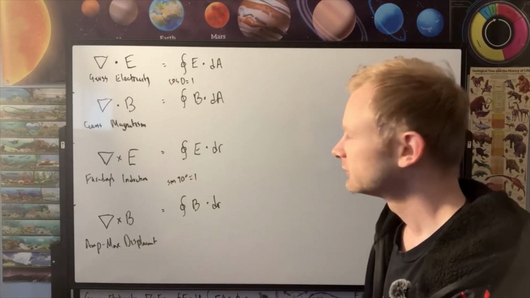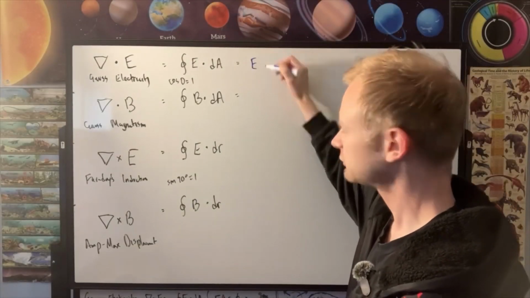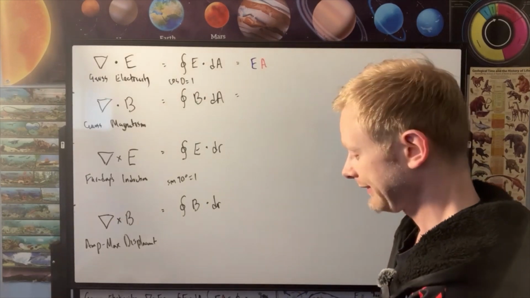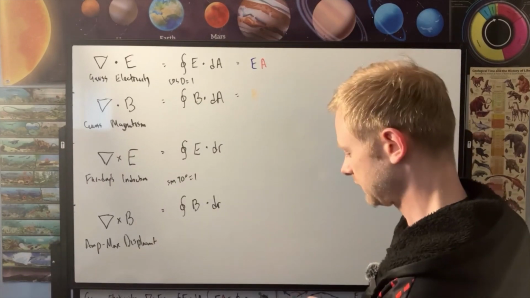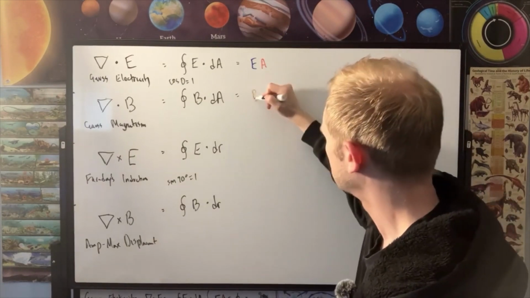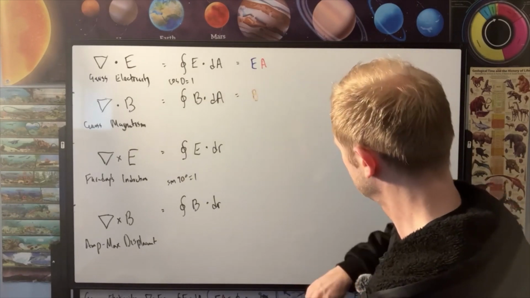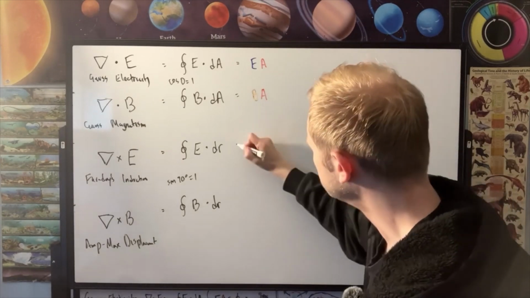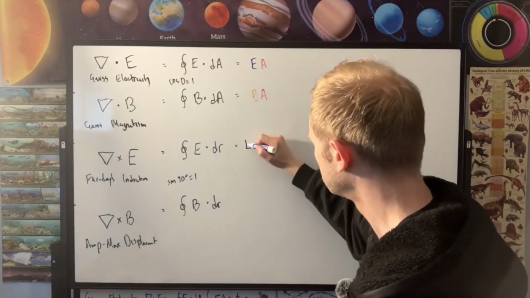But things might start to look a little bit more familiar at this point. Because what this is really trying to say is that this is the electric field times the area, and this is the magnetic field times the area. And then these would be more like, again, the electric field here.